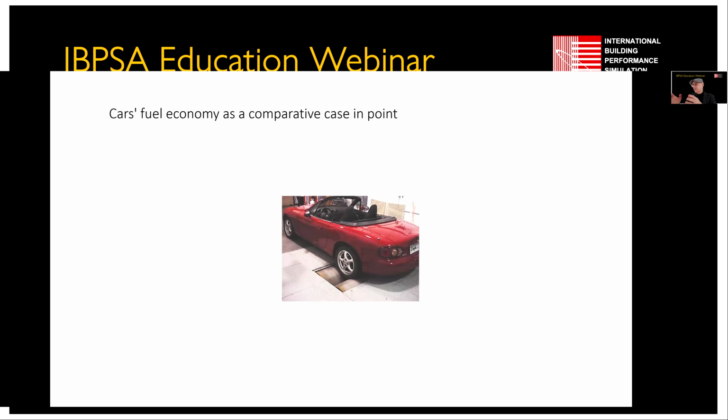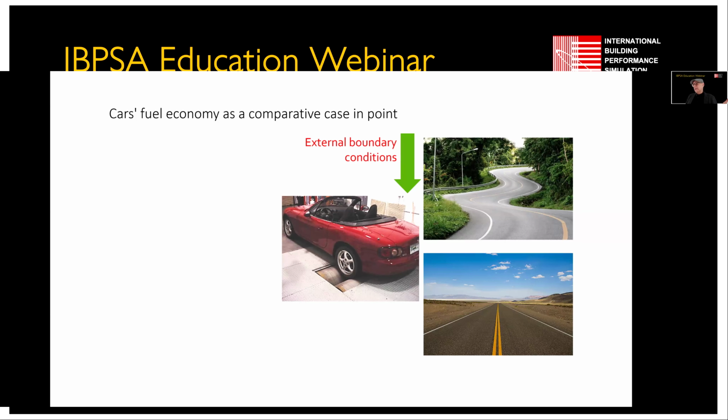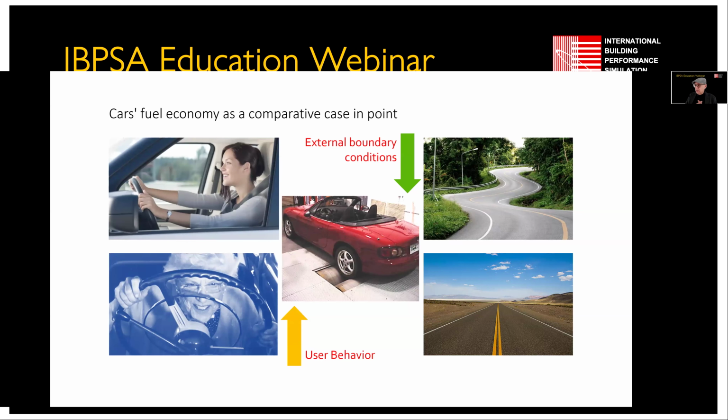Because, as you know, these numbers are typically derived in a very controlled setting where you have an automated situation that quasi-operates the car during a set sequence of sessions, and it's totally irrelevant to real conditions, when the external boundary conditions could be very different: where you drive the car, under which kind of road, and who is driving the car, which is the user behavior.